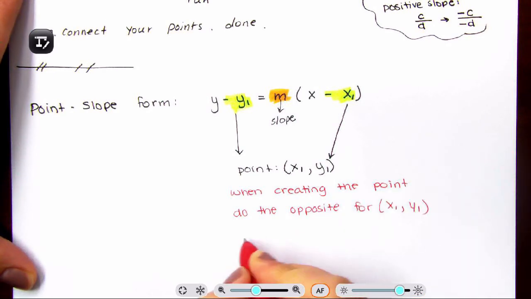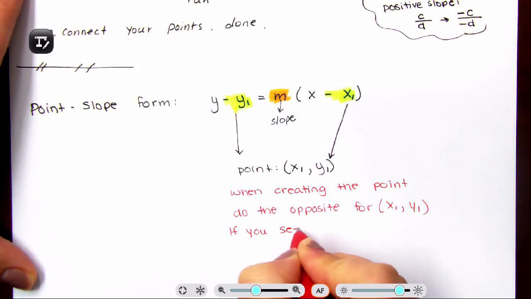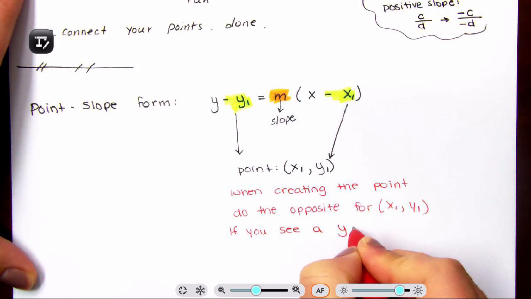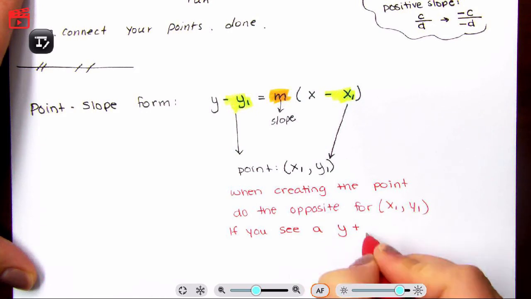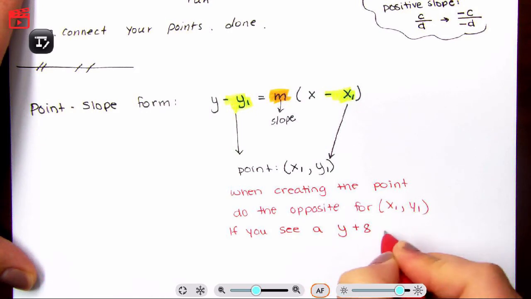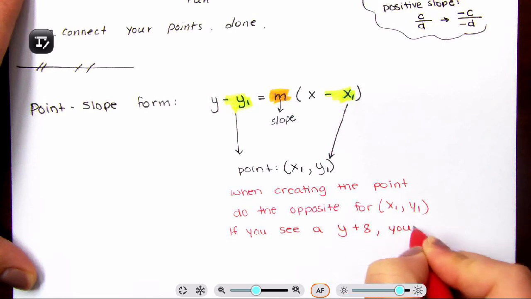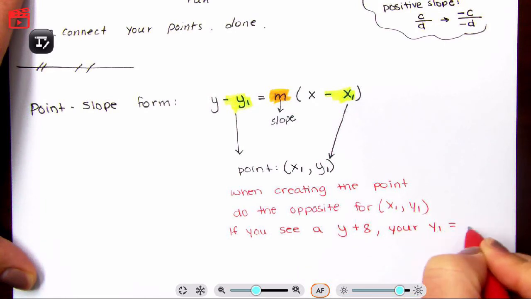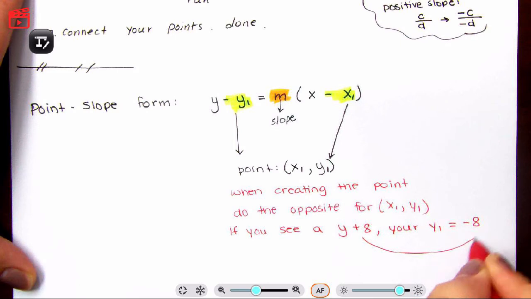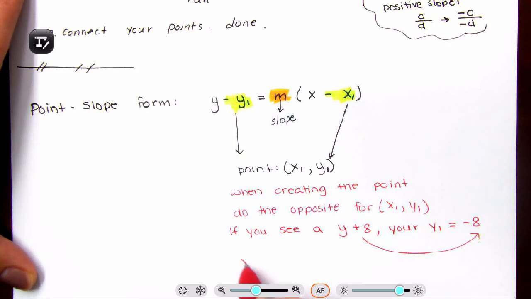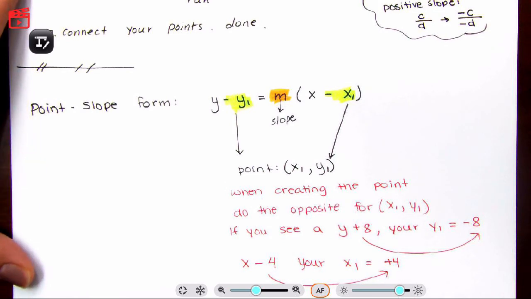So if you see a positive, let's do y plus 8. Your y1 would be negative 8. You want to do the opposite. So if you see x minus 4, your x1 would be a positive 4. Opposite. You're doing the opposite.